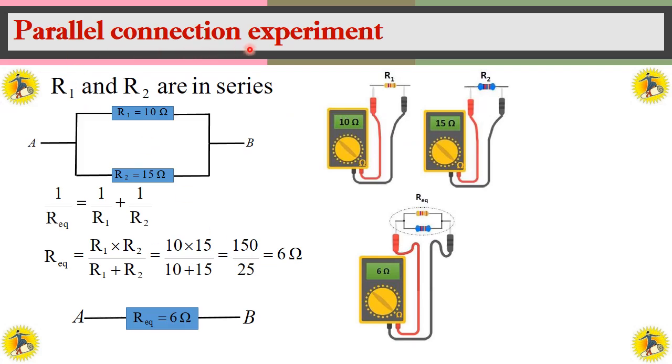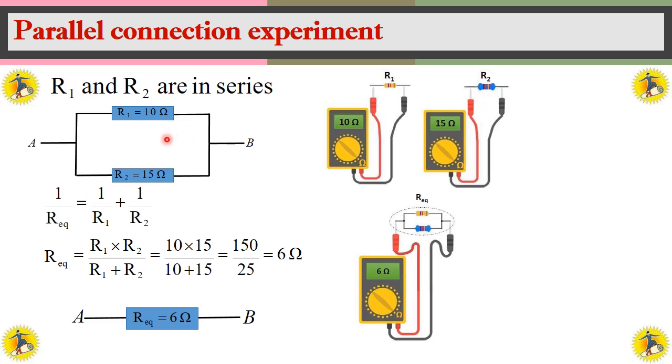Parallel connection experiment. Okay. If we measure the resistance of R1, we get 10, and also for R2 we get 15. If we combine them but put R1 over R2, the value is 6.